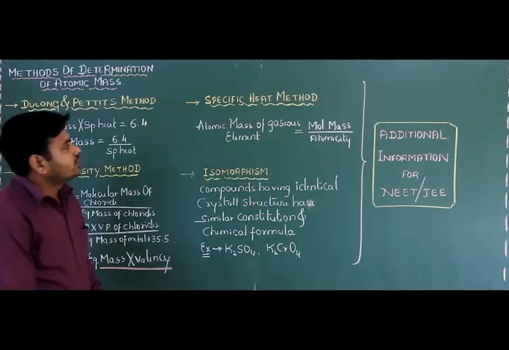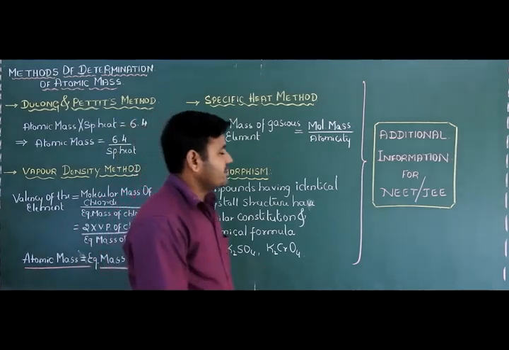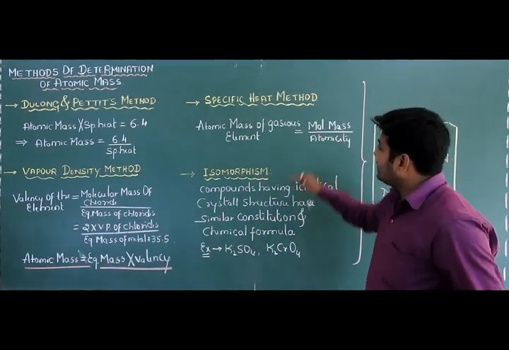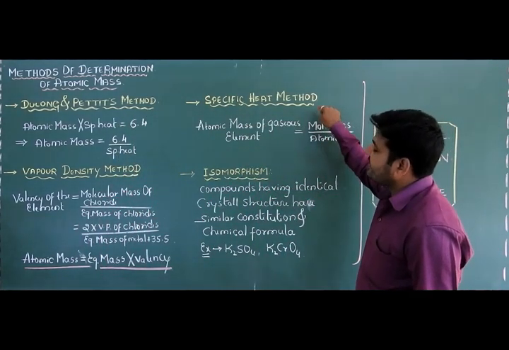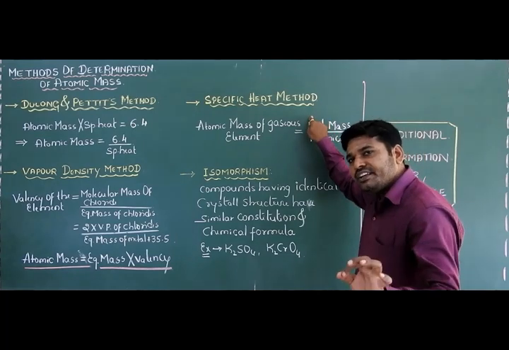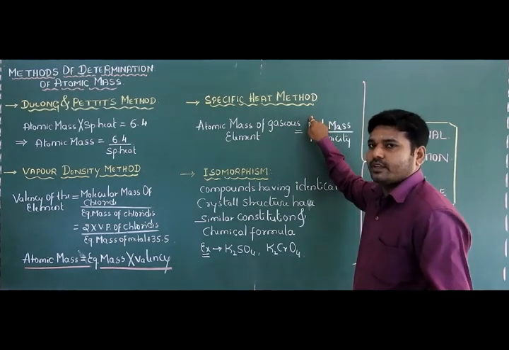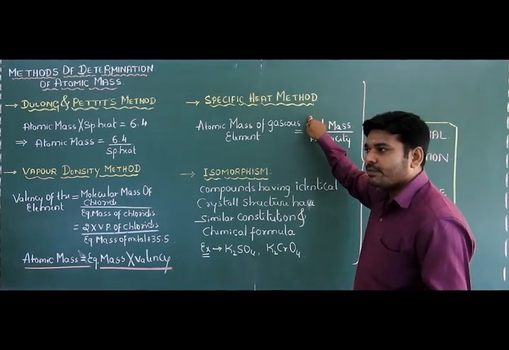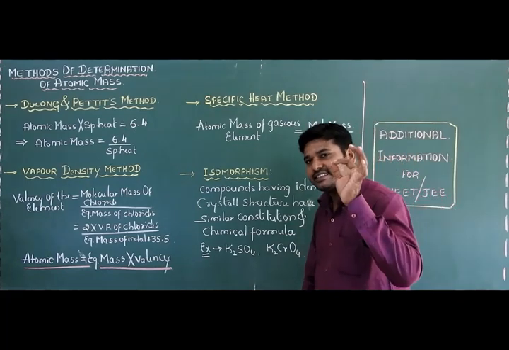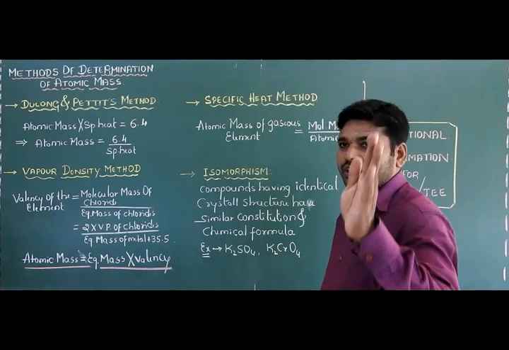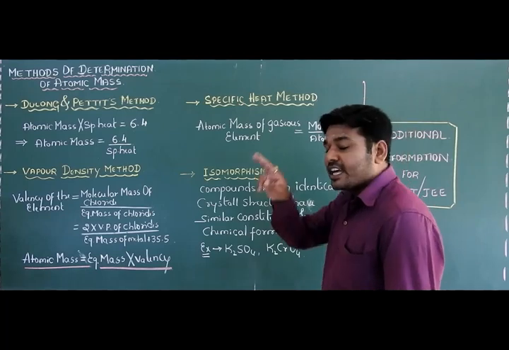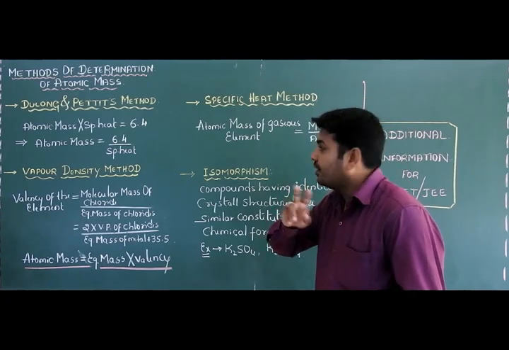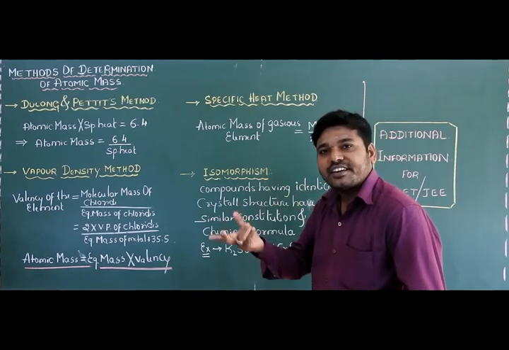And the third important method is the specific heat method. And listen, this specific heat method is applicable only for gaseous elements. There are two different types of specific heats.